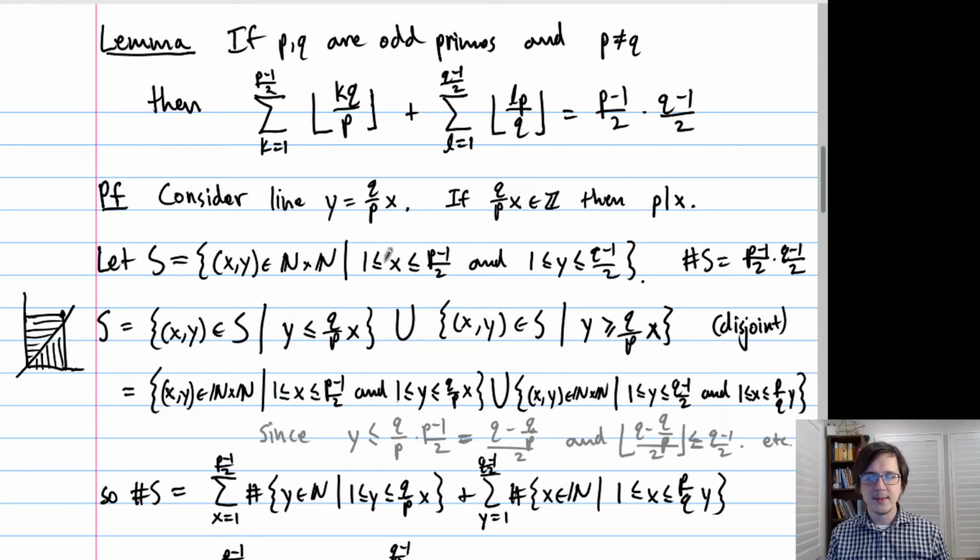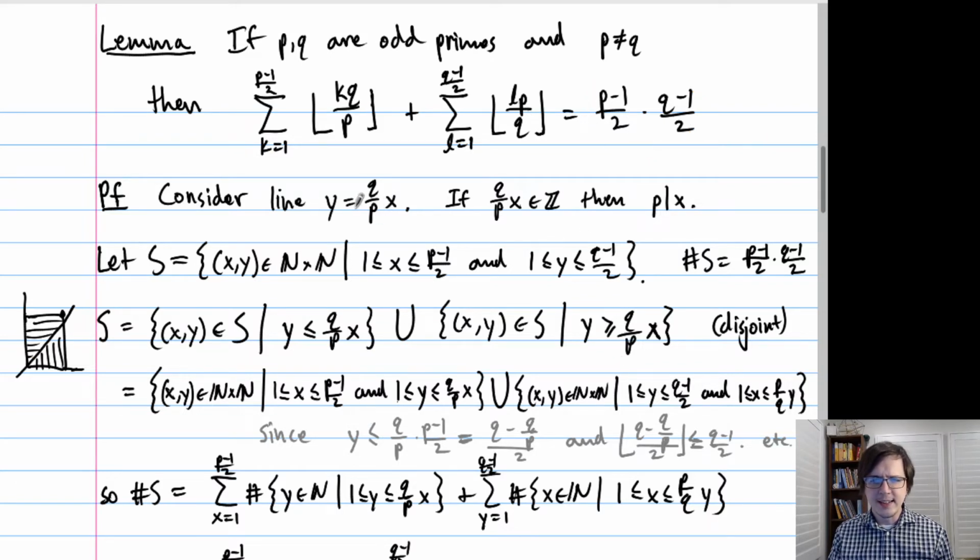Because x and y are independent, it's forming a rectangle that's (p minus 1) over 2 points wide and (q minus 1) over 2 points tall. So the number of points in S is the product of those two numbers, which happens to be the right-hand side there.